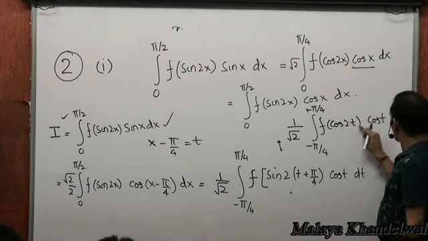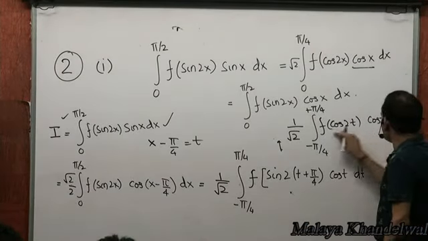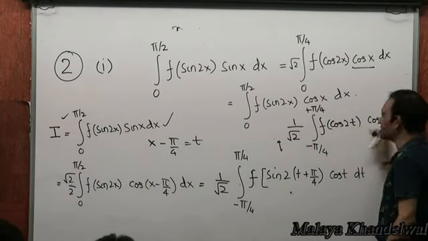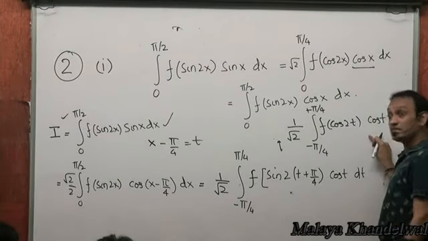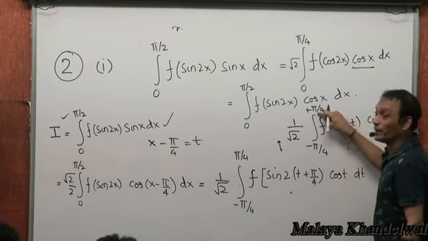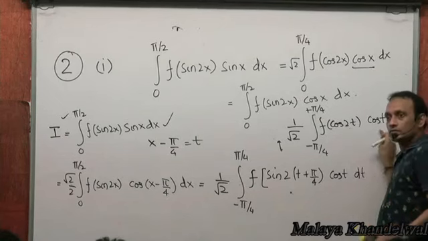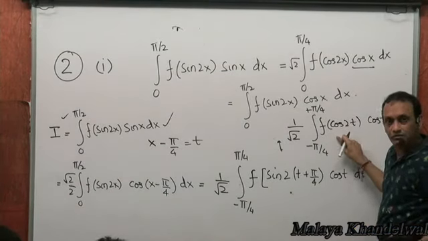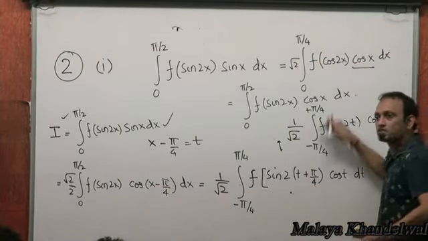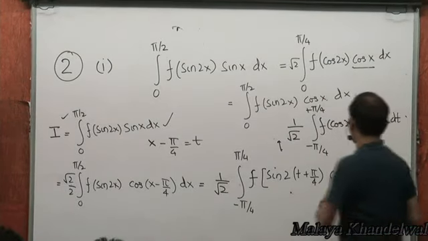Do you realize this is an even function in t? Replace t by minus t, it remains unaltered. Since it's an even function in t, minus a to plus a would be twice 0 to a. Because see, have I told you that result? So it's going to be twice this, 0 to a, right?